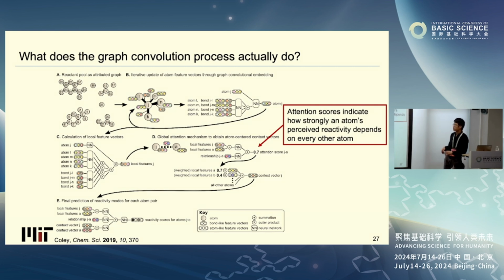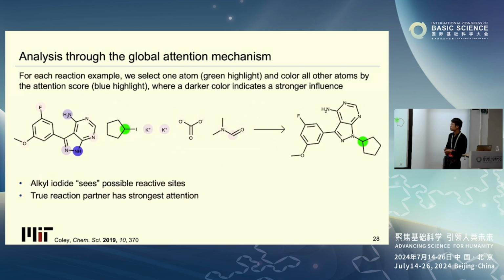With the attention scores, we can look at what part of the molecule the model is paying the most attention to when making predictions. That can tell us how the model is actually making the predictions.